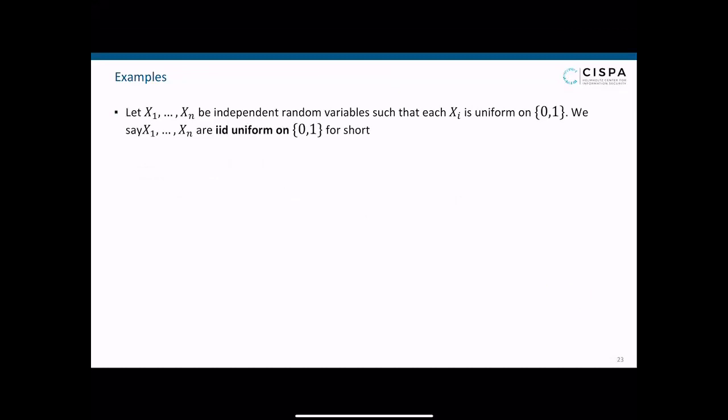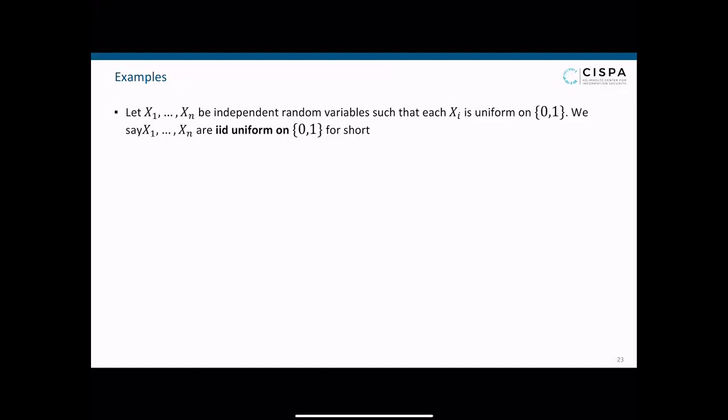Let's say x1 until xn are independent random variables such that each xi is uniform on {0,1}. We say each xi is a coin toss. Last lecture, we defined what a coin toss is. Now we refer to uniform random variables over {0,1} as random coins.